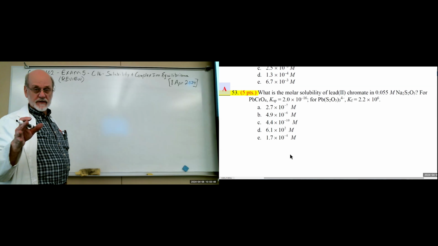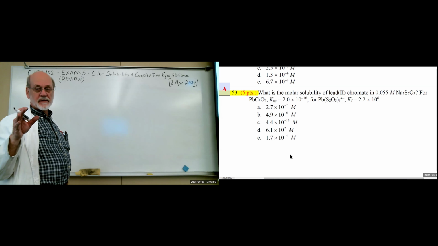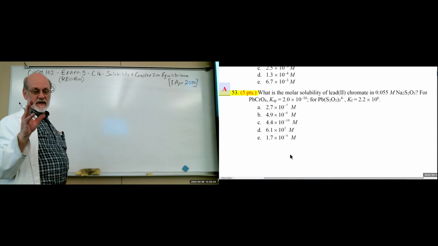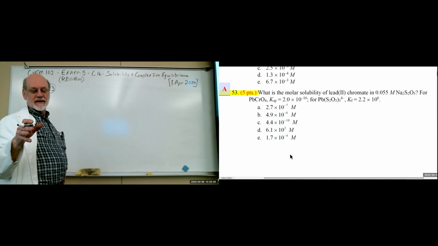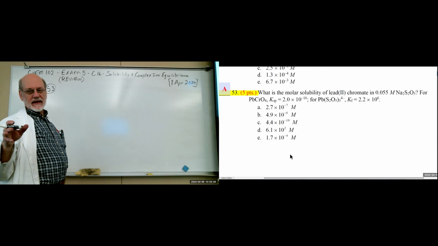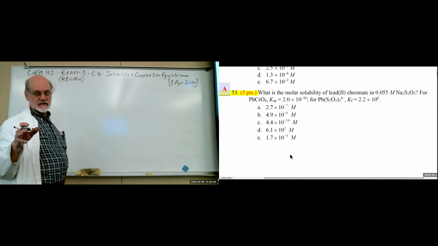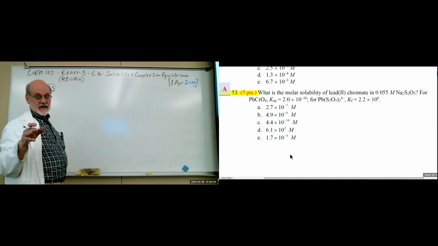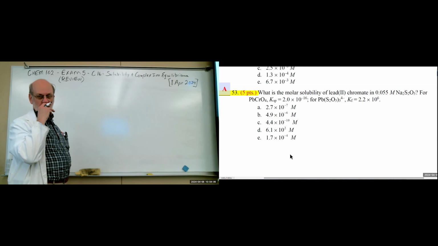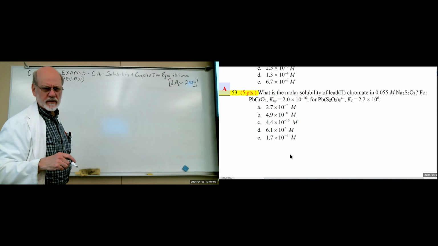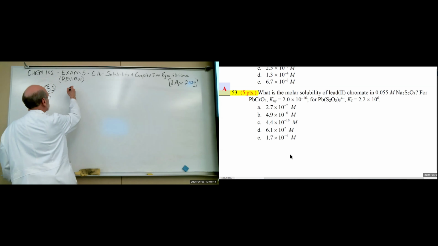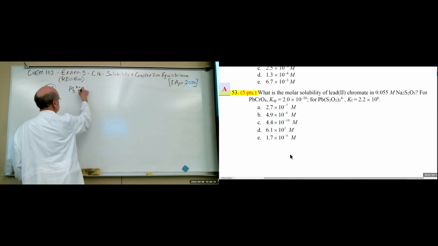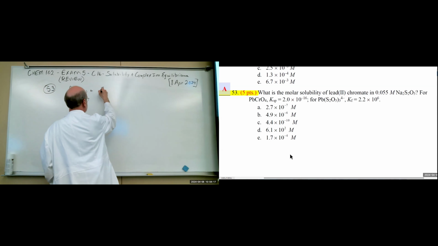One is the solubility of lead chromate, and the other is the formation constant for the complex ion. So I'm going to put the complex ion first. So we get lead 2 plus and the thiosulfate.